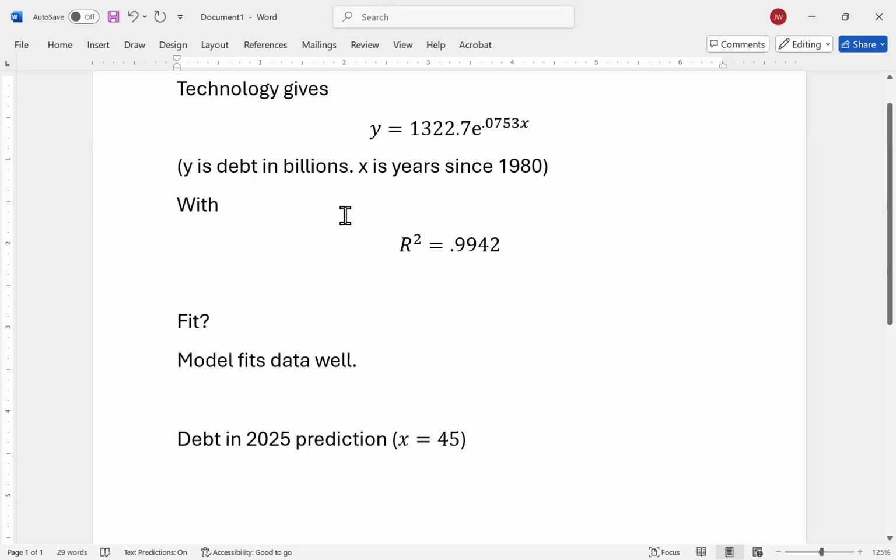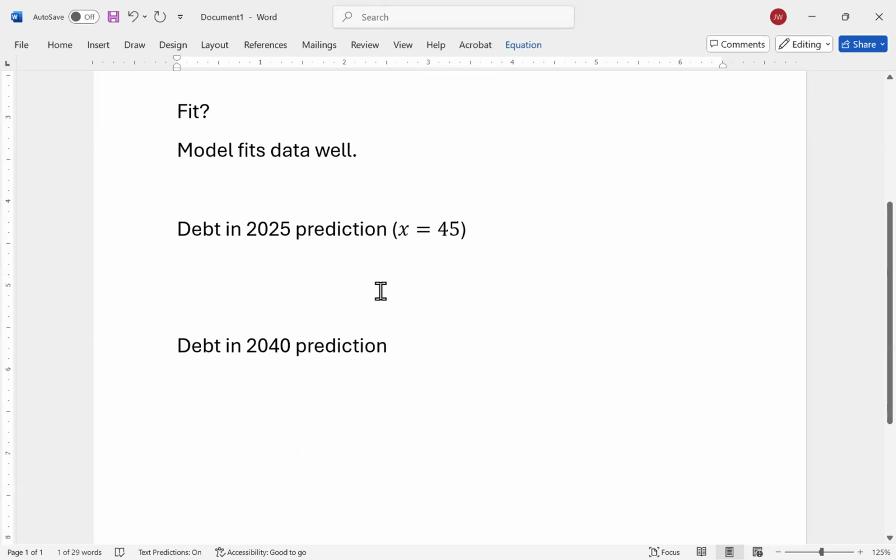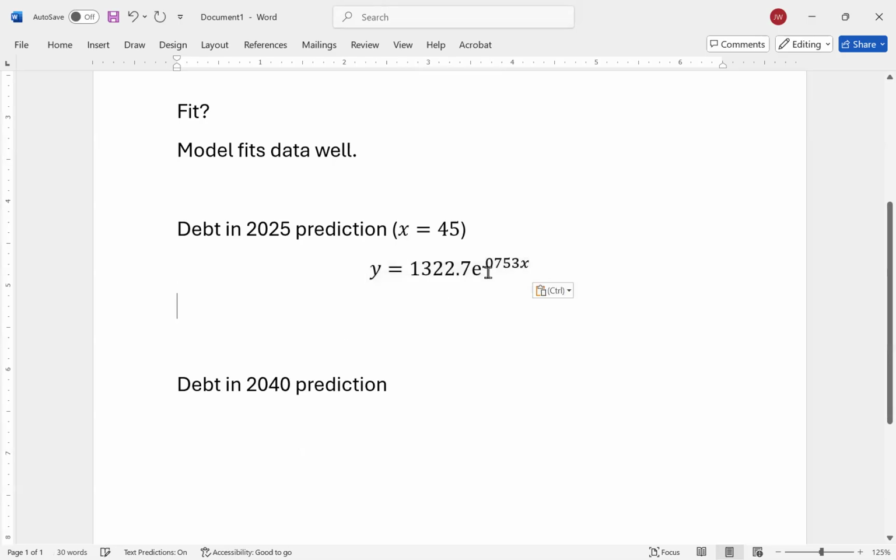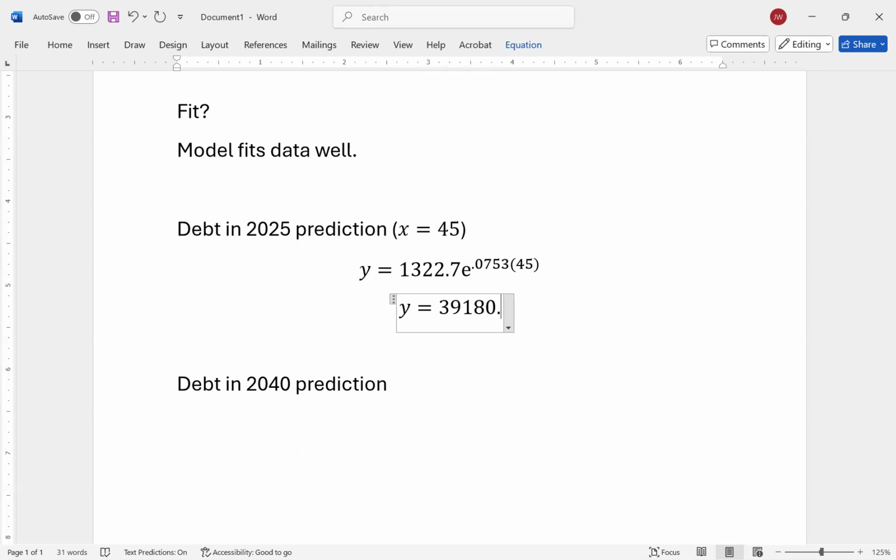And we'll take this equation, I'll just copy and paste it, and replace X with 45, and then do that calculation in our calculator. In this case, I get Y is equal to 39,180.34 when I round to 2 decimal places.